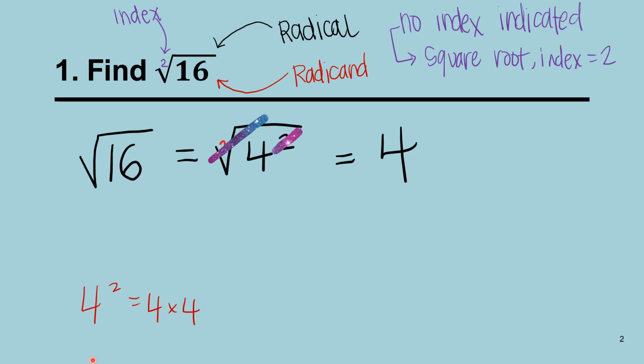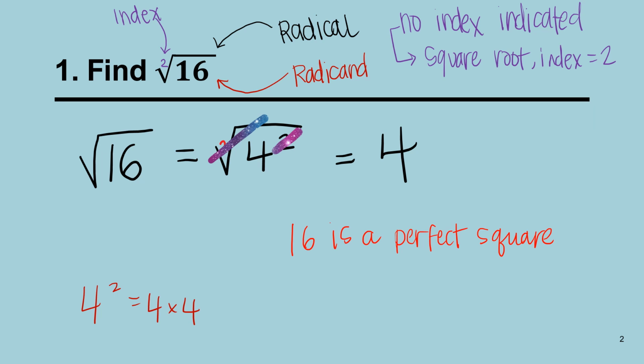So 16 is what we call a perfect square, which means that we can find a whole number that you can multiply by itself to get 16. I think it's smart to have at least the first 10 perfect squares memorized.